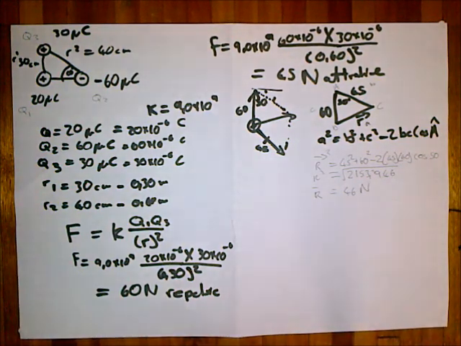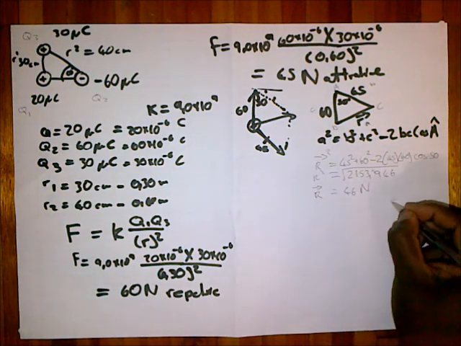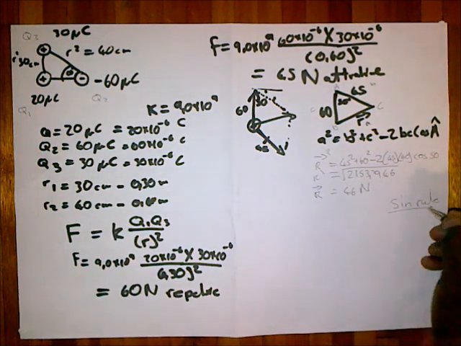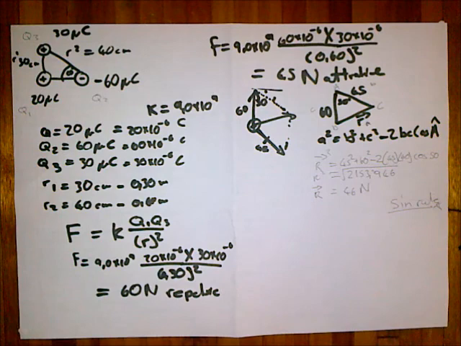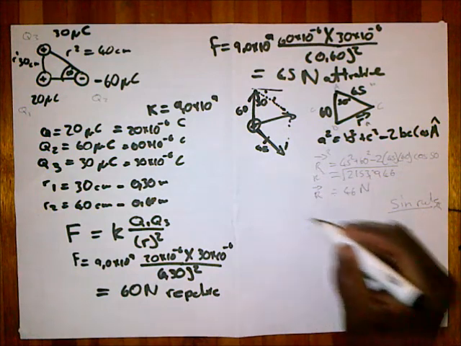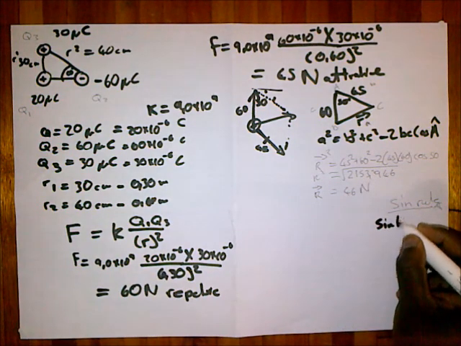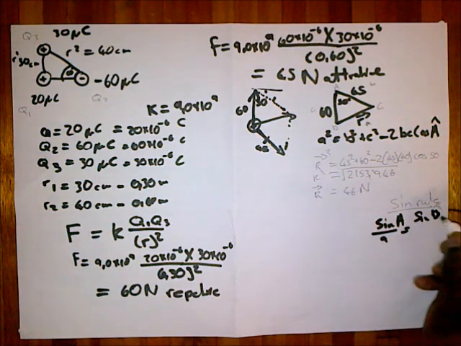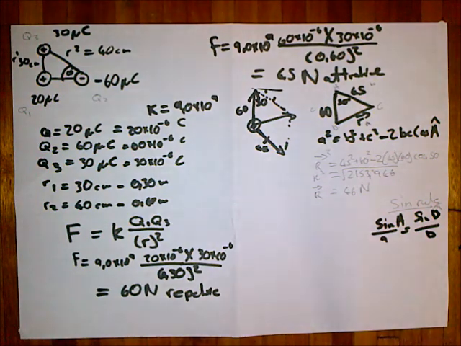Now that we have the resultant force, we have to find the direction. If you want to find the direction, you can use the sine rule, which says sine A over a equals sine B over b.